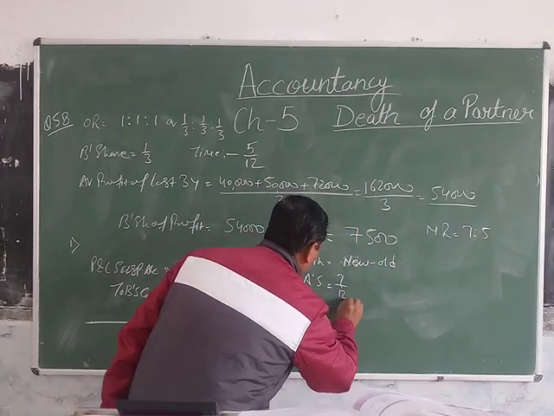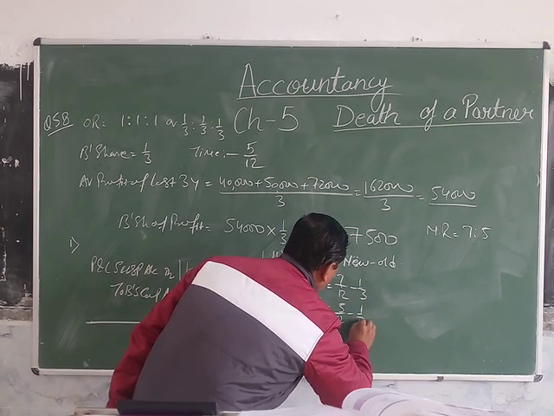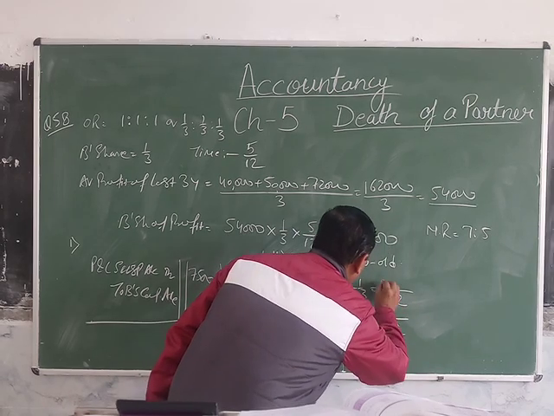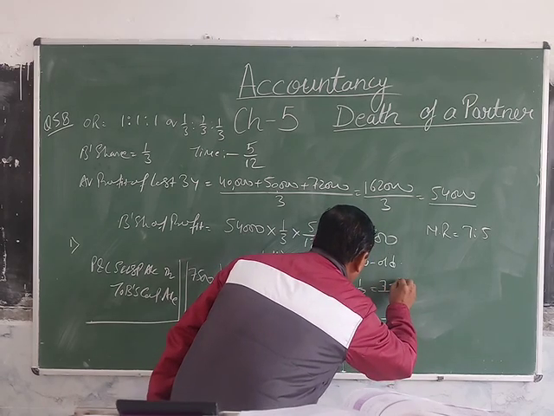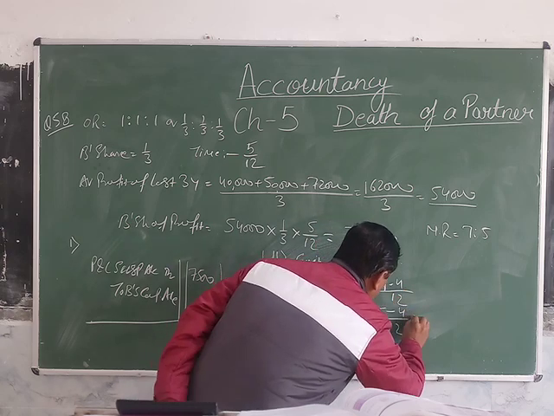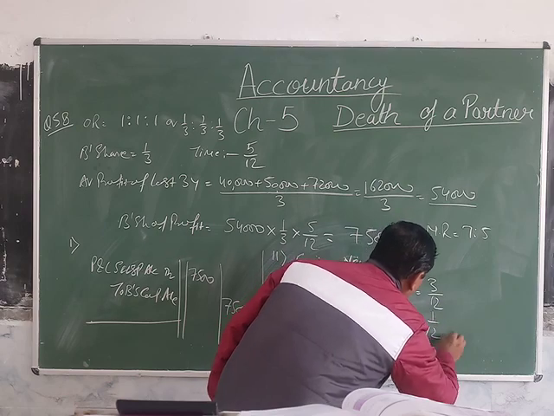So 7/12, 5/12 minus 1/3, 1/3. This is 12: 7 minus 3 4s are 12, 5 minus 3 4s are 12. So this is 3/12, 1/12.